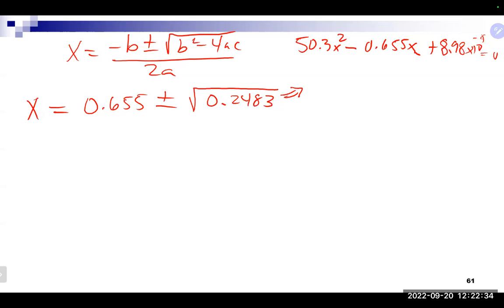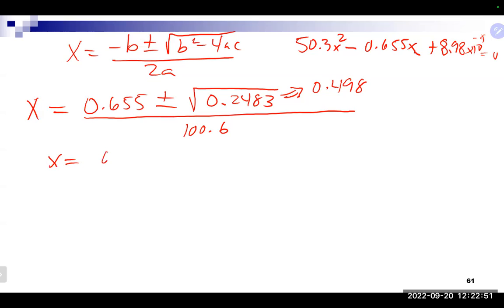Once you take the square root, you end up with 0.498, give or take, divided by 2 times 50.3, which gives us 100.6. In this case, we then get an x value going the positive way of 0.0115, and an x value going the negative way of 0.00156. Any questions on that so far?